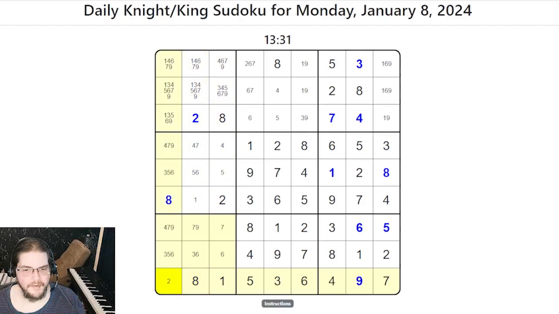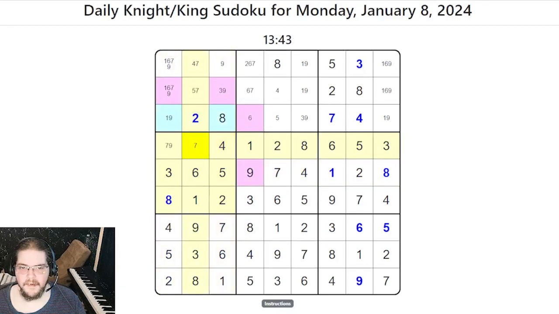A lonesome 1 gives us this 2, and this 6 and 7 give us this 3 and 9 that give us the 5 and 4 respectively. 1, 5, 6, 3, 4, 7, 9, 4, 9, 3, 5, 1, 6, 7.